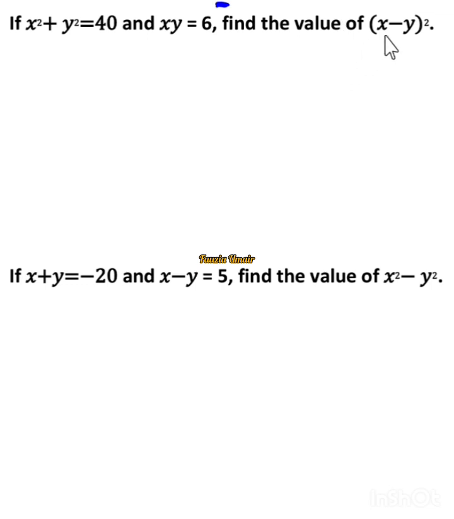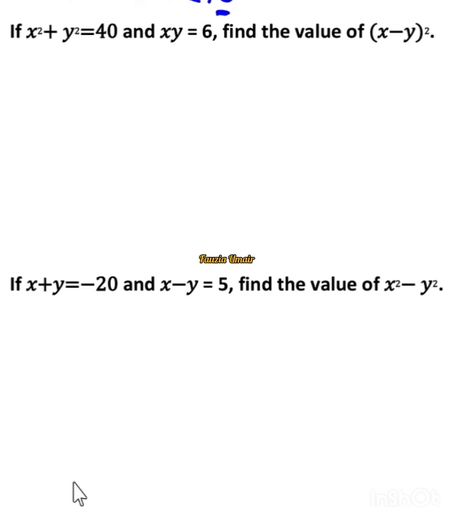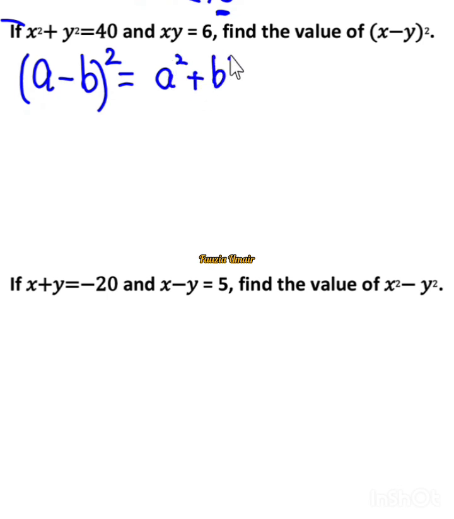This is formula number 2, which is a minus b whole square. So I will write down the formula: a minus b whole square is equal to a square plus b square minus 2ab.